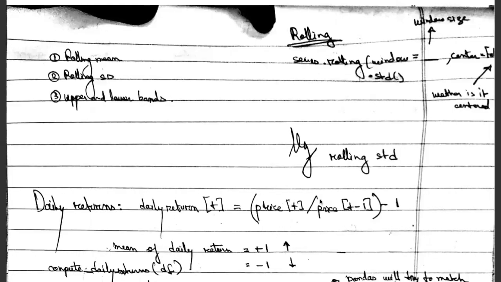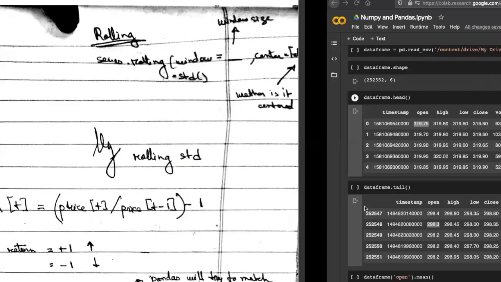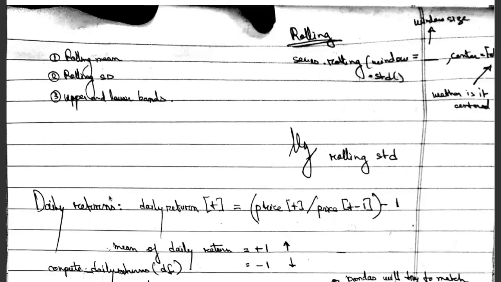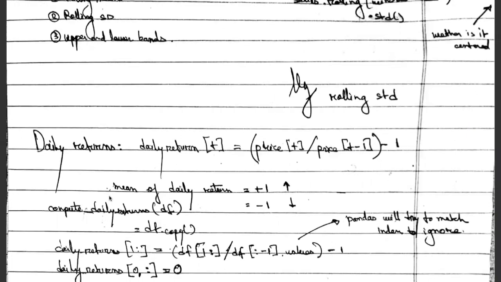So price of t divided by price of t minus 1, minus 1, basically gives you a ratio using which you can see whether the price is high or low, or get an idea whether the stock performed in a good way or a bad manner. That's the benefit of noting down the daily returns. In the stock market you will see all those daily returns in the displays, with percentages and so on.